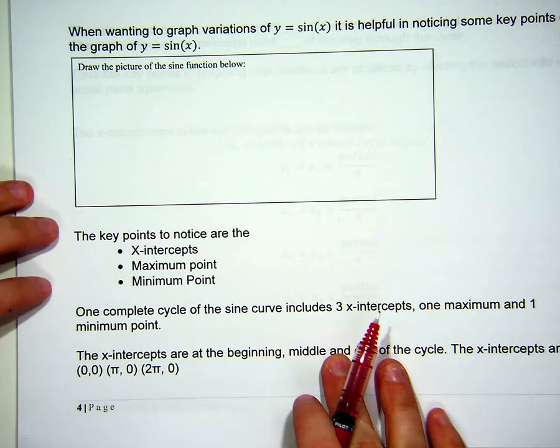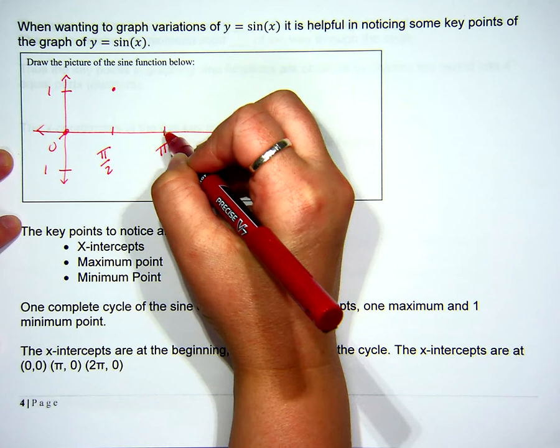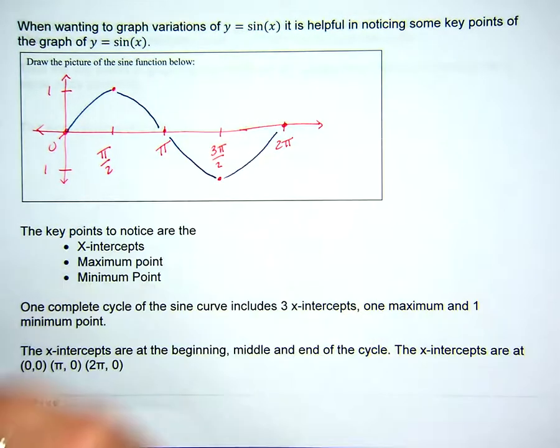Key points, for example, here are my key points, and what I'm going to do is make a way from these key points.